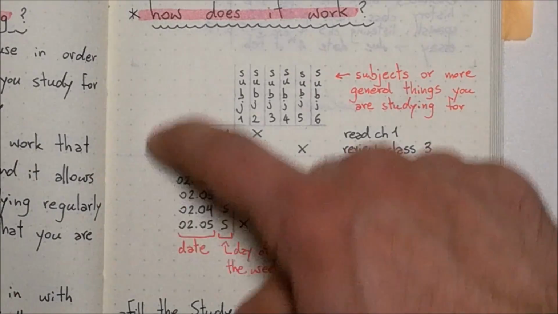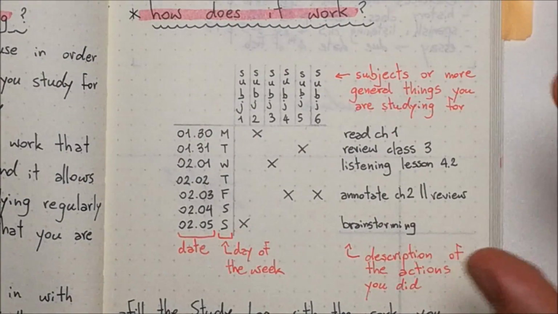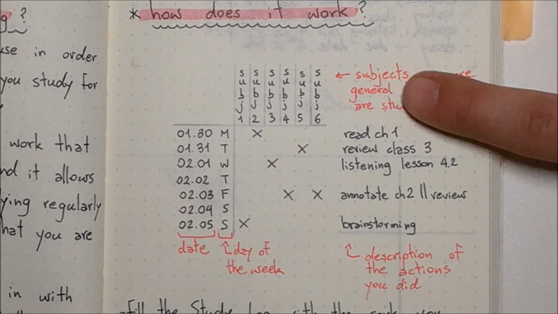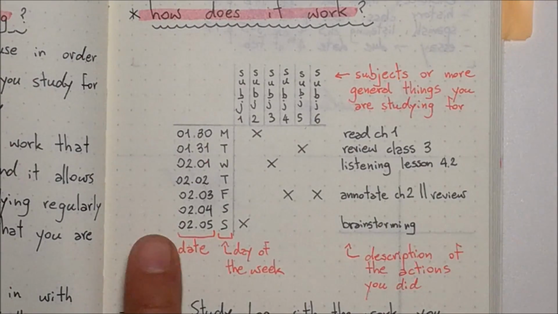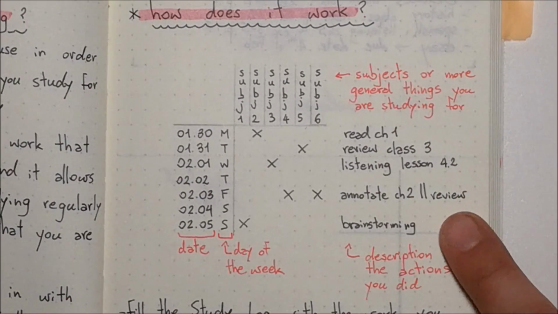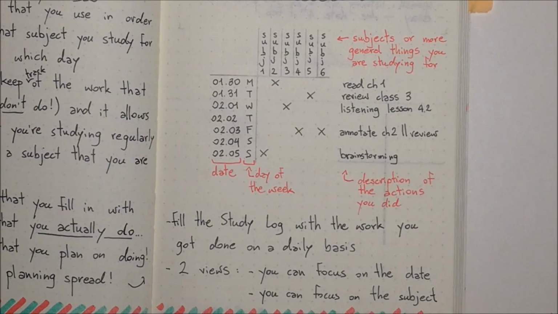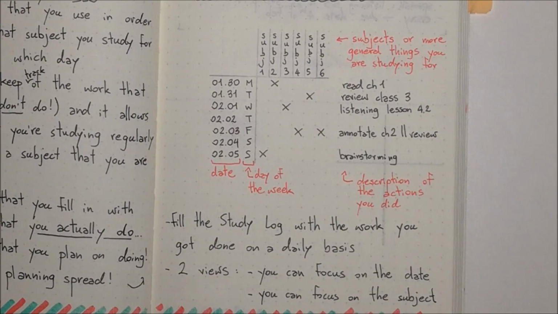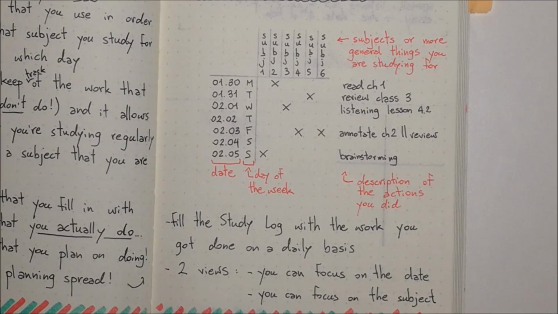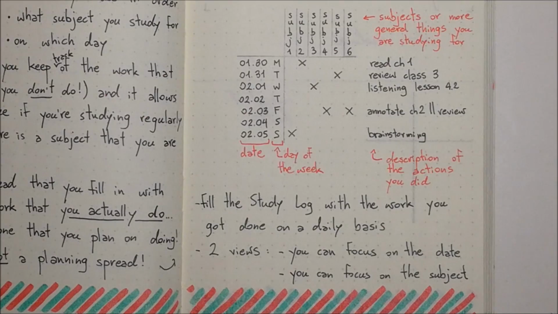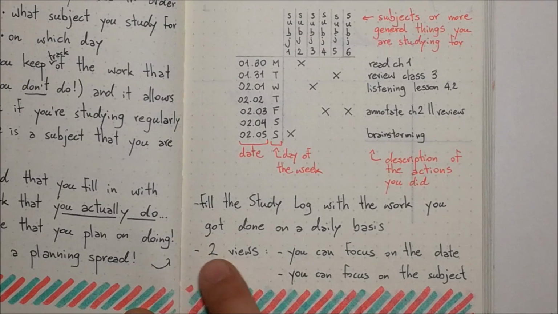So as you can see, you have in a very small place all of the information you need. The subject you studied for, the time, and the description of what you did. So the study log is a spread that you fill in daily with what you did on any specific day. I wanted to focus on the fact that you can have two different views.